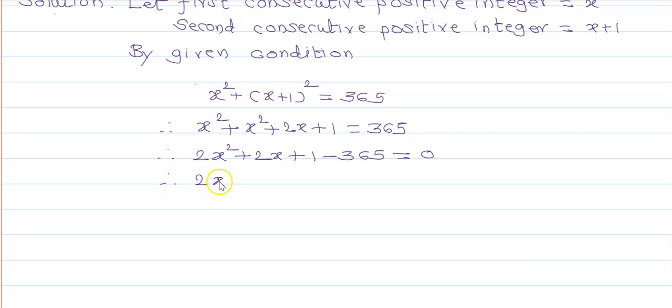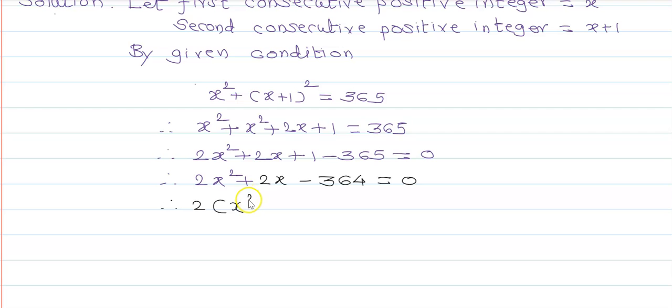Again here you will get 2x square plus 2x plus 1 minus 365, that is minus 364 equal to 0. We can simplify this. Therefore, take 2 as common.